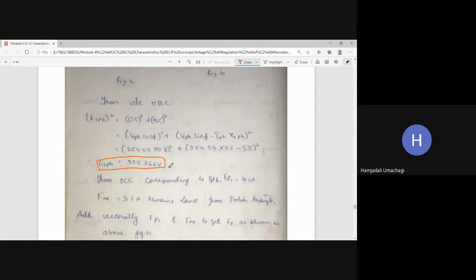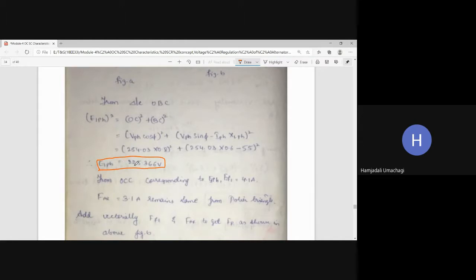For E1PH is equal to 225.366 volts, check corresponding IF1 using OCC, using OCC from the graph.